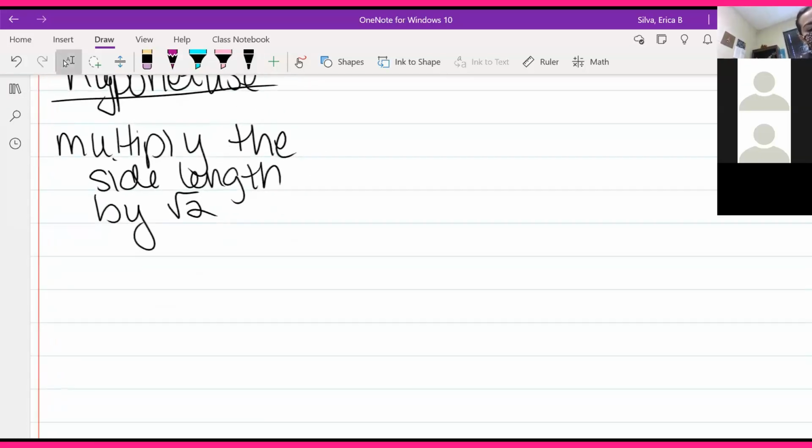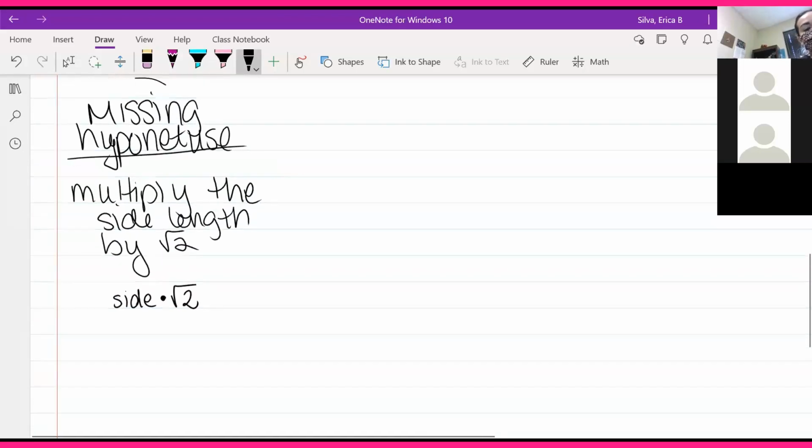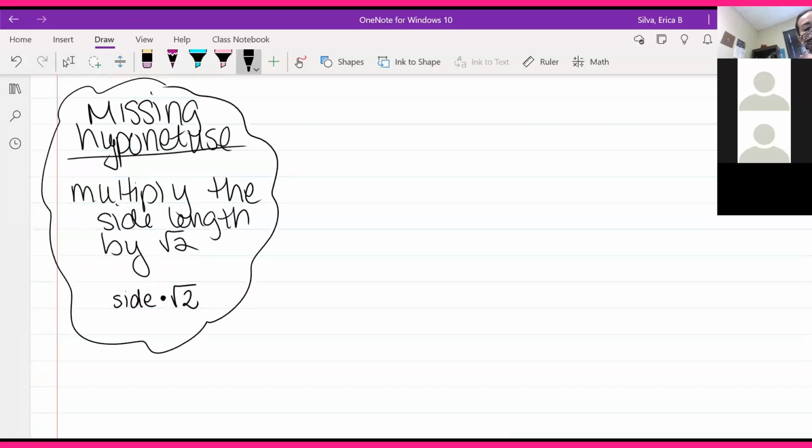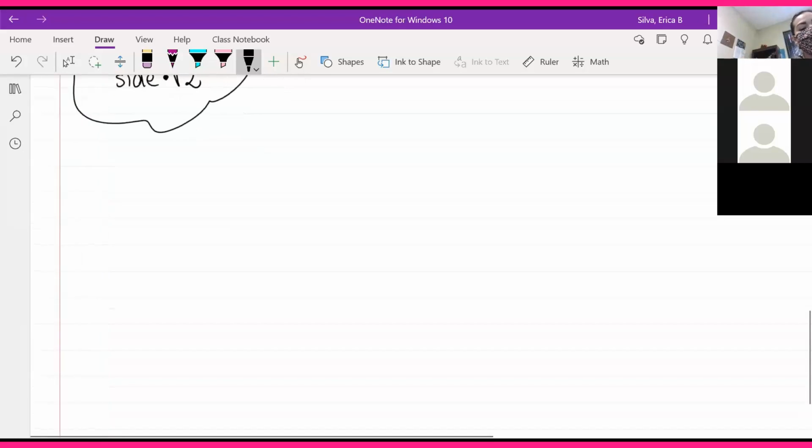Which means whatever my side is, we're going to multiply it times the square root of 2. And we're going to do one example here.